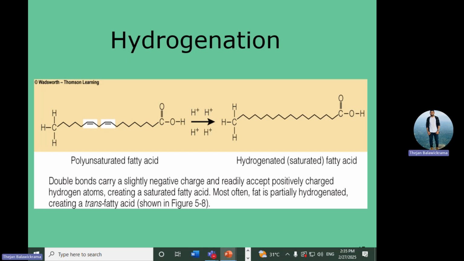This is exactly what happens when an unsaturated fatty acid, maybe monounsaturated, maybe polyunsaturated, whatever, both categories are treated in the same way. They are going to be hydrogenated, that means reacted with hydrogen, producing a saturated fatty acid, having carbon-carbon single bonds only. No carbon-carbon double bonds.